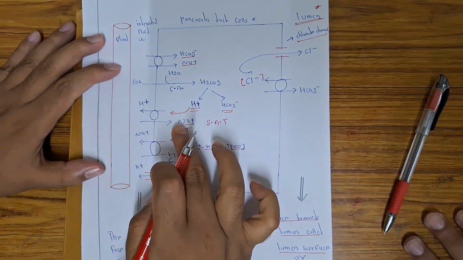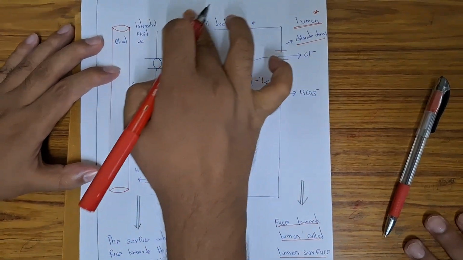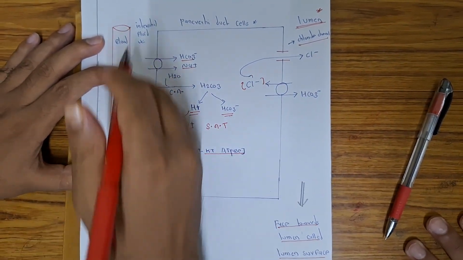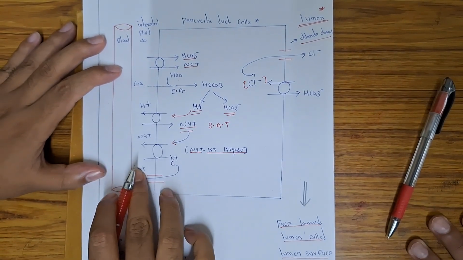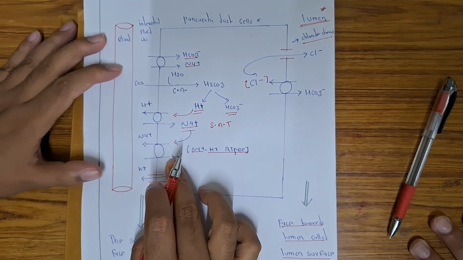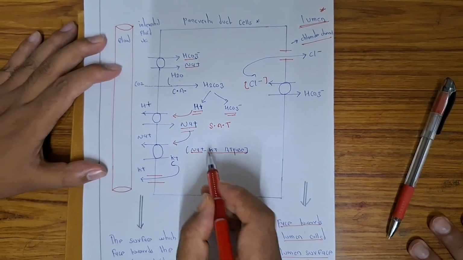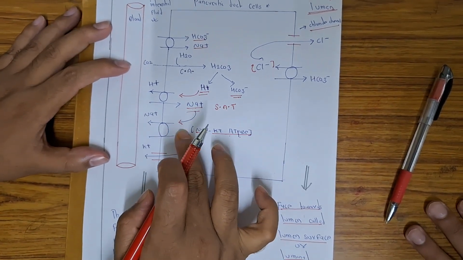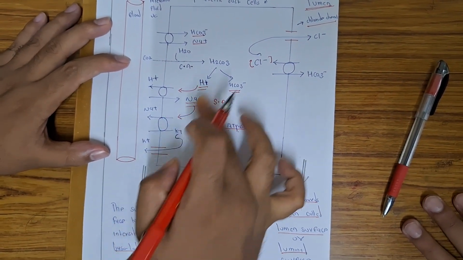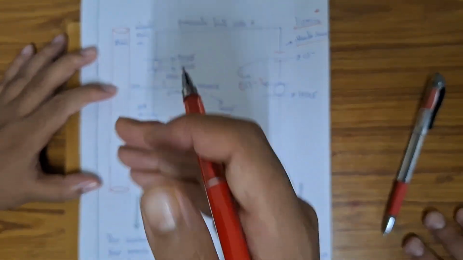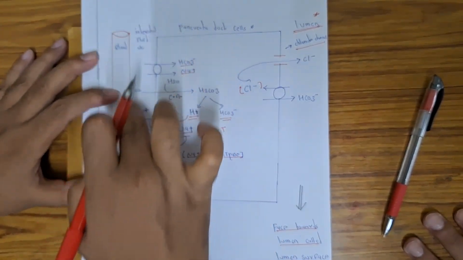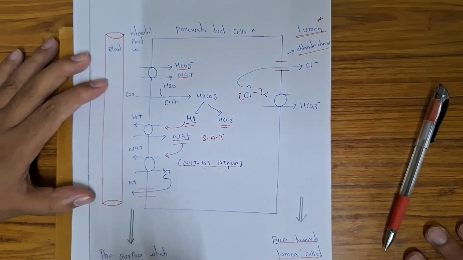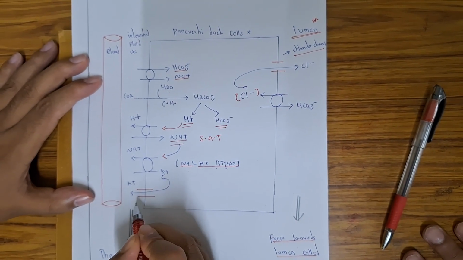And those sodium ions which enter into the pancreatic ductal cells again move into the interstitial fluid in exchange with potassium, and this transport is called sodium potassium ATPase. Again, these potassium ions enter into the pancreatic ductal cells, which again move into the interstitial fluid, and from the interstitial fluid enter into the blood through the special potassium channel.